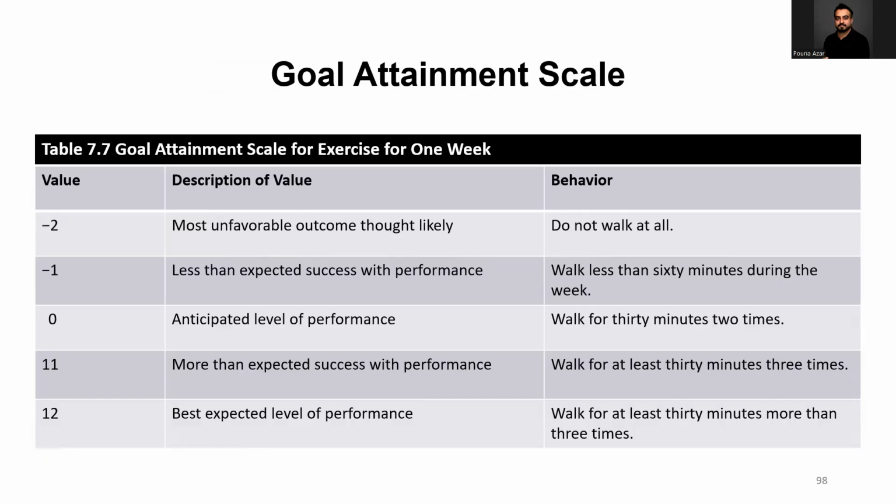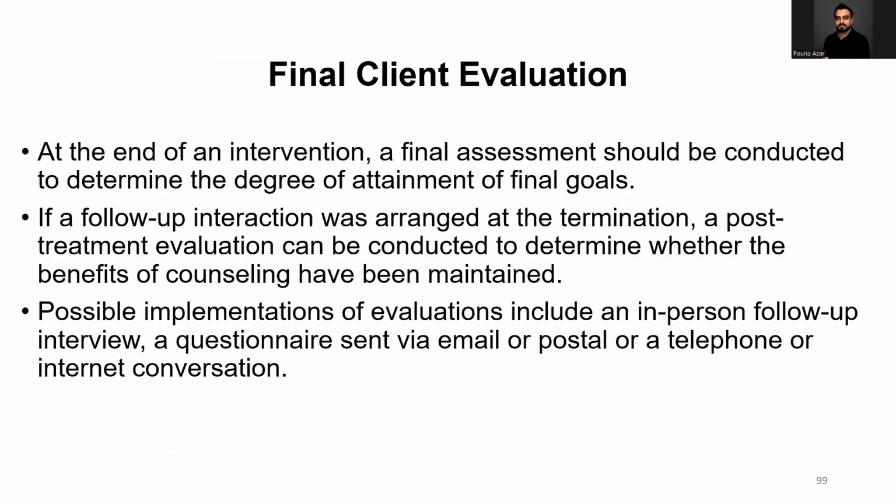The values are -2, -1, 0, +1, and +2, and they have their own description and behavior. So at the end of an intervention, a final assessment should be conducted to determine the degree of attainment of final goals. If a follow-up interaction was arranged at the termination, a post-treatment evaluation can be conducted.